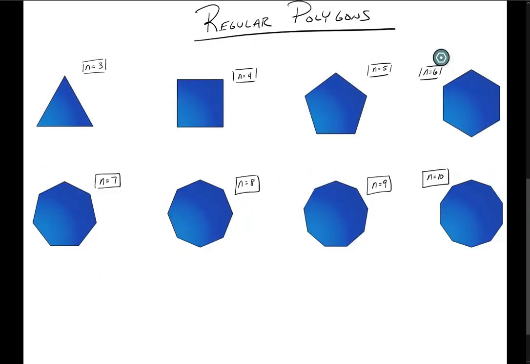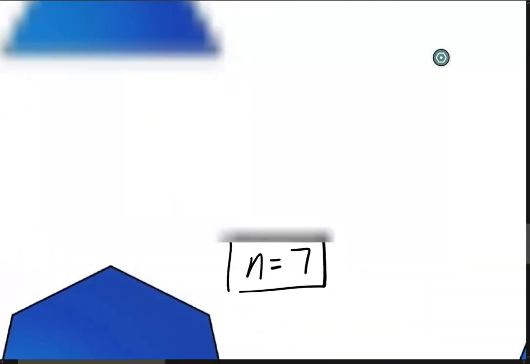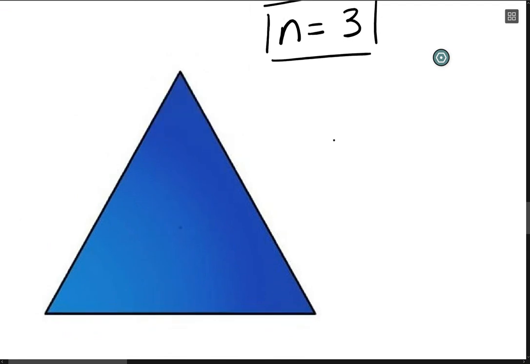So those are a bunch of different regular polygons, correct? Do you guys remember that you can find the measure of the interior angles of each of those? We did a thing where we said, hey, guess what? The sum of the interior angles of any polygon is n minus 2 times 180, right?